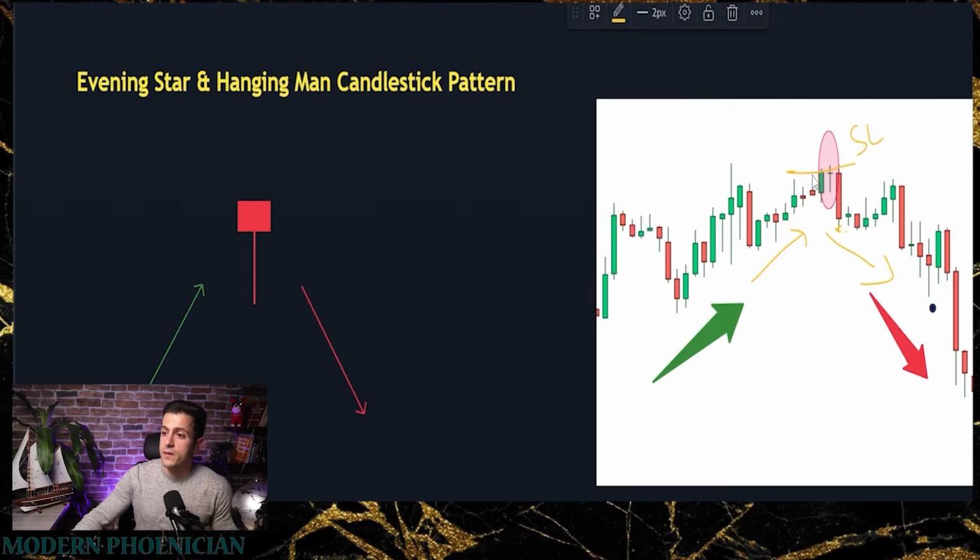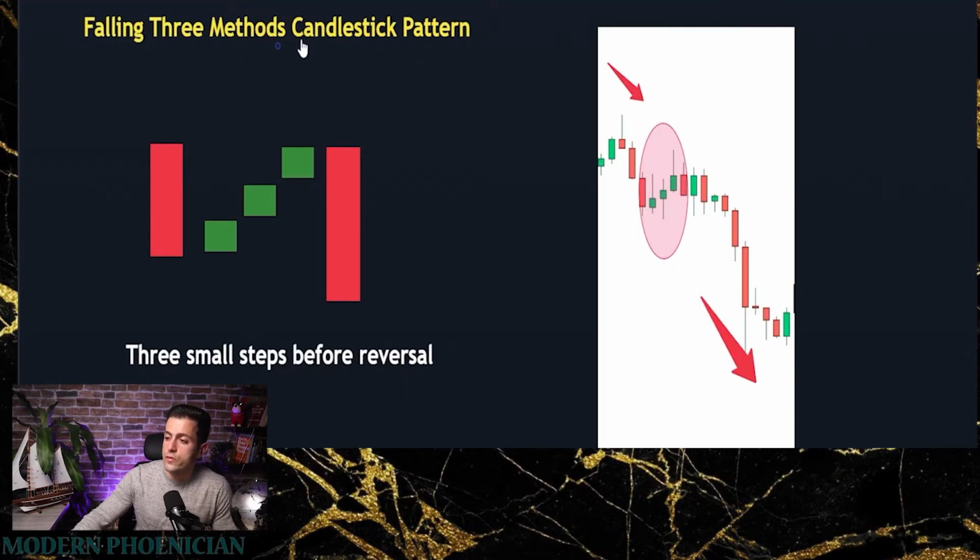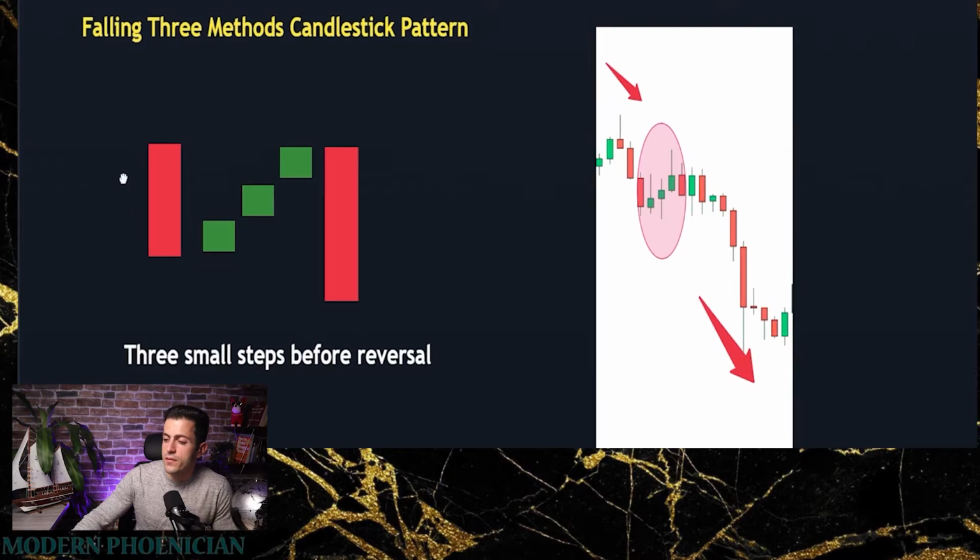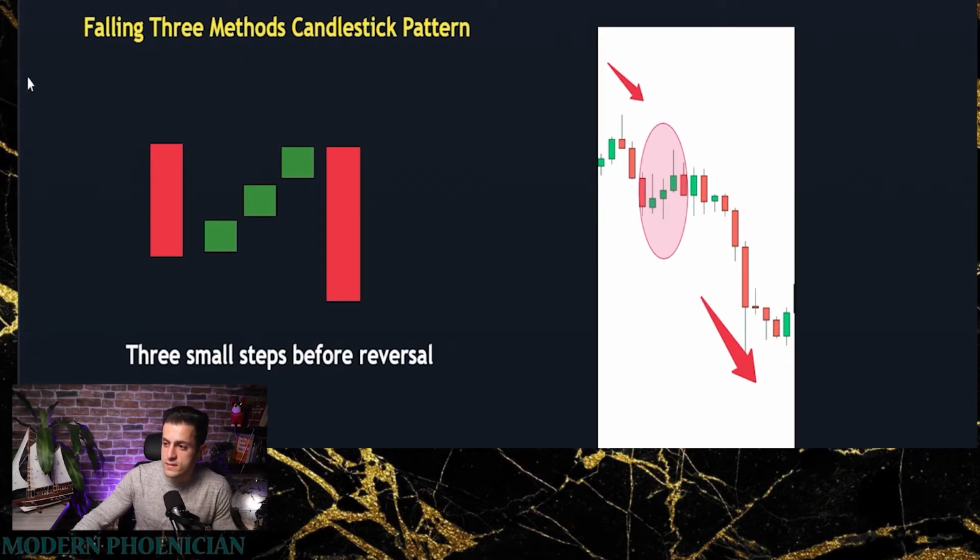Falling three methods candlestick pattern: we see a strong downward movement followed by three small green candlesticks, because as we can see here, those are shallow, shy movements. There are not many buyers, followed by the fifth candlestick, which is so strong and pushes the price all the way downward.